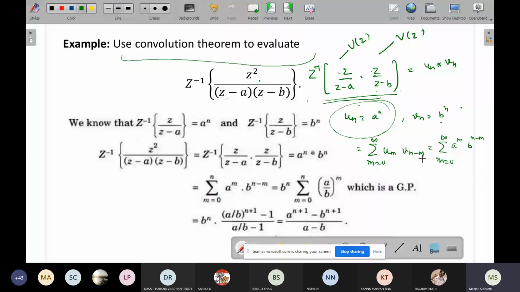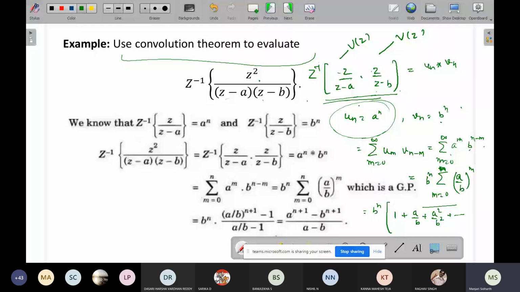Because this summation depends on m, we can take b power n outside. Then the sum of (a over b) power m, from a power m and b power minus m. So b power n, and the first term is 1, the second term is a by b, the third term is a square by b square, and it is up to n. Sorry, it is not infinity, it is up to n, a power n and b power n.